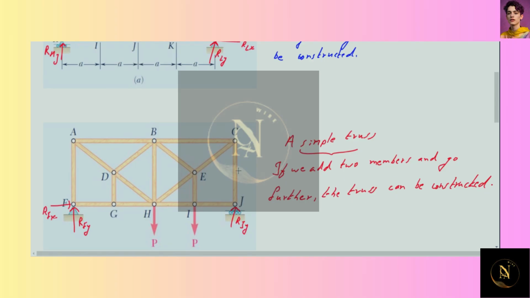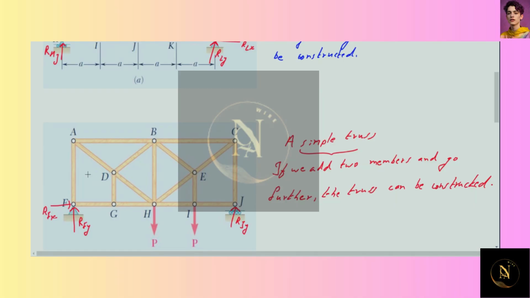So this is not like the other two trusses. If we add two members, say AF and FG, and go further to any other triangles, we can construct the whole truss. Because of that, this is a simple truss.